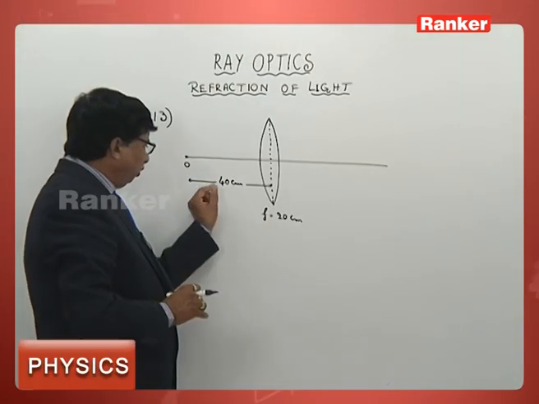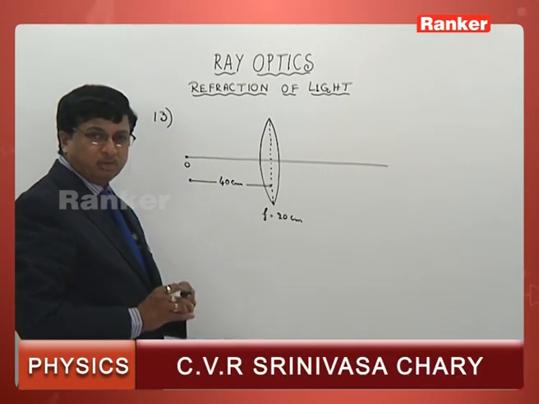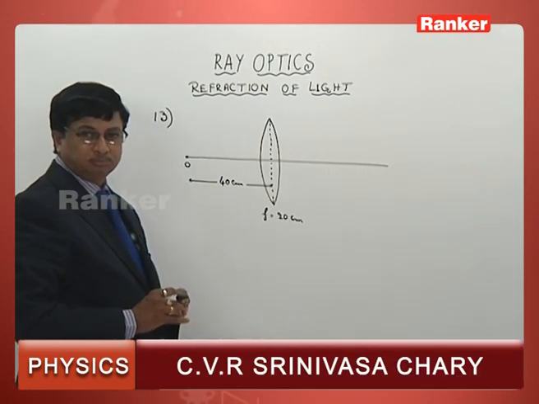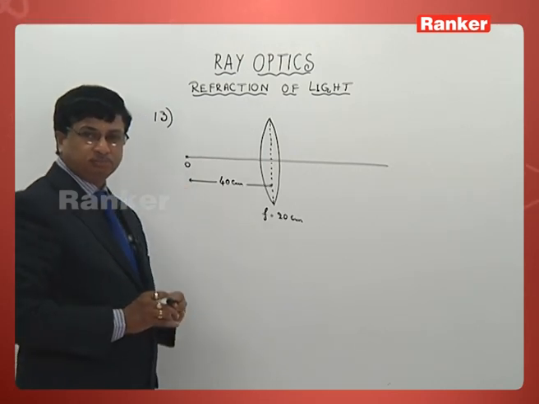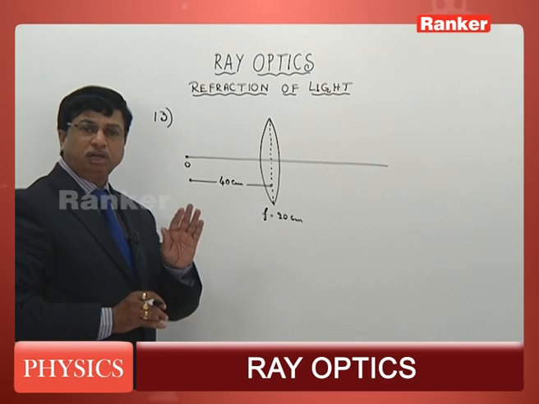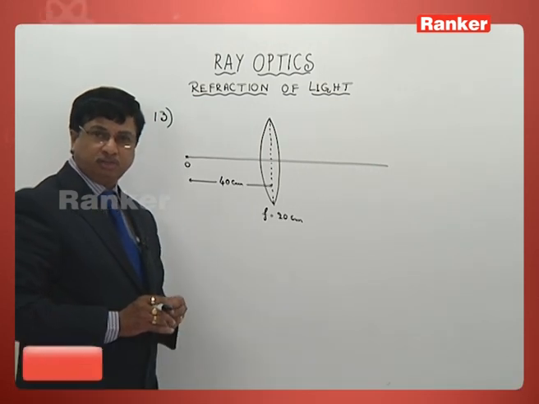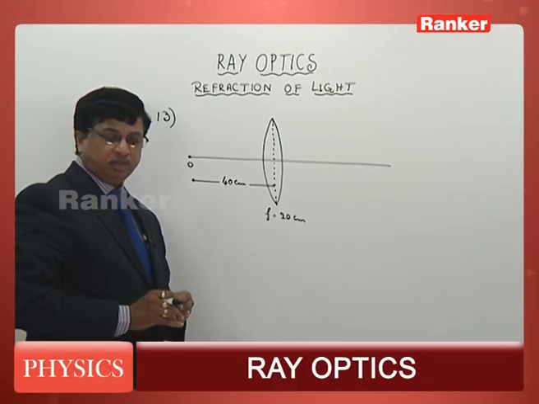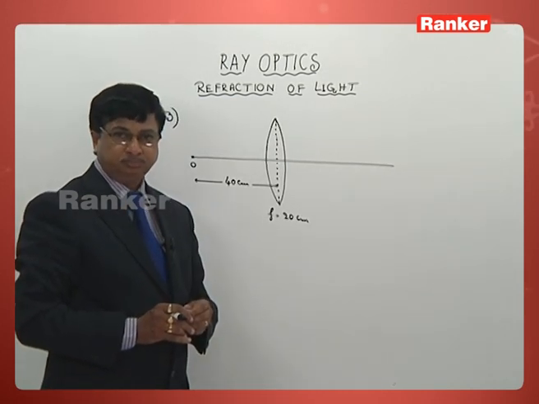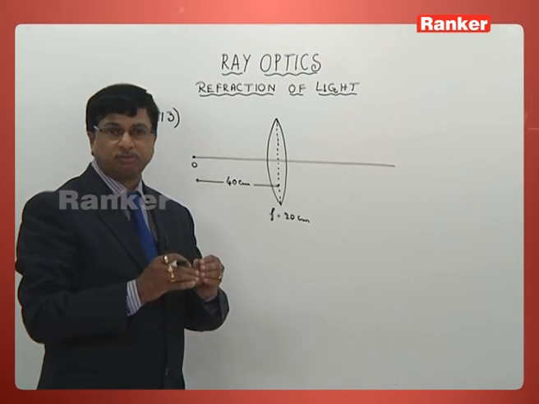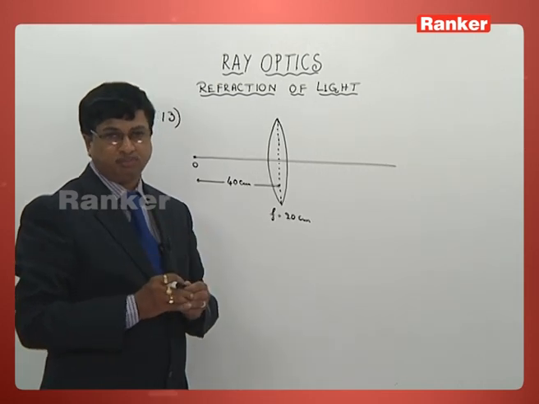The moment you look at these two values, immediately you can come to a conclusion that the object is placed at the center of curvature. Then surely the image also is going to be formed at the center of curvature only. The image size and object size both are going to be numerically equal. So these points one has to keep in mind first of all.